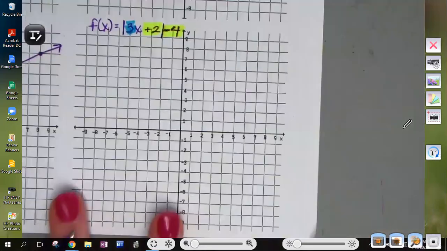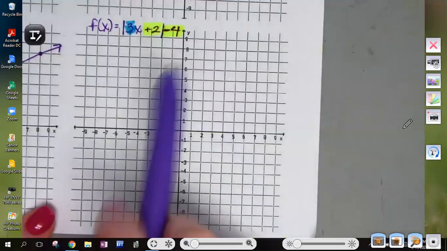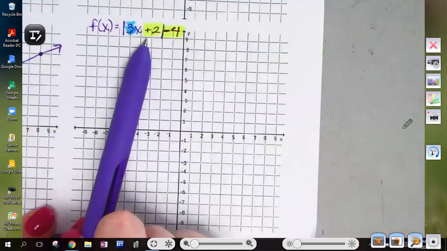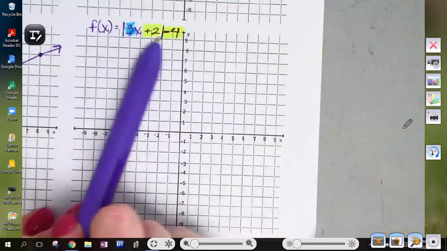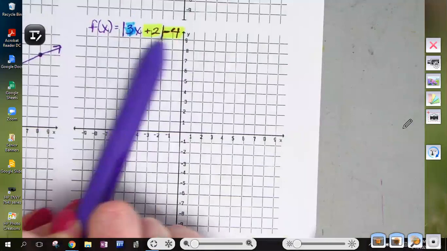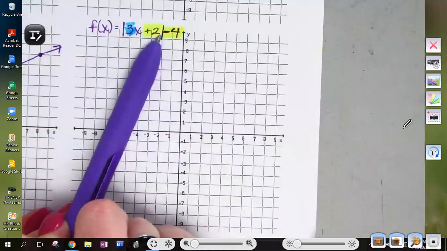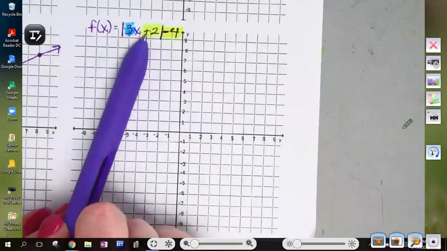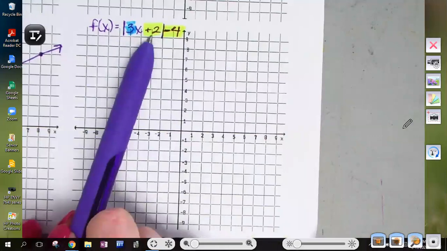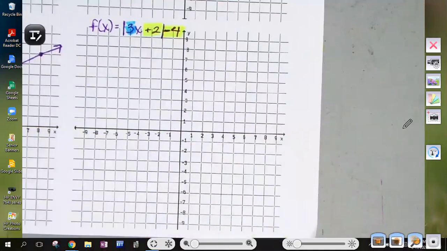Okay, so first things first, it doesn't matter which translation you start with. I'll start with the one on the inside, just so we read it from left to right. But you do have to start with these before you start with the dilation. You have to get your vertex done first. So this is inside. What axis am I moving across? The X, okay? It says +2, but we know when it's inside, it's actually the negative.